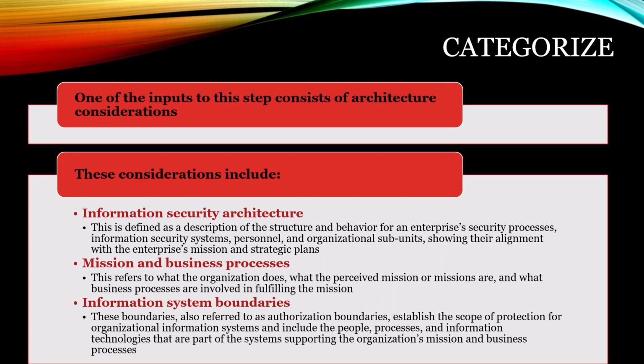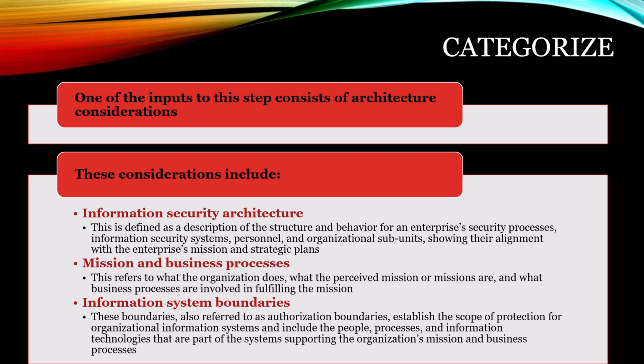These considerations include information security architecture requirements, and that includes subunits, and that also would include the overall structure of the entire enterprise, security processes, systems, personnel, and how they align with the appropriate mission and strategic goals of the overall organization. The organization has to be able to do business, so the security architecture has to align.